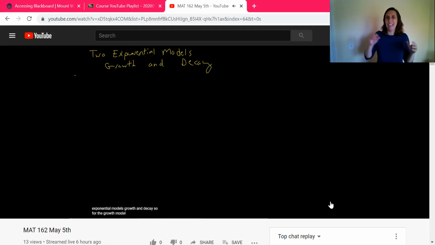So for the growth model, I'll think of having one cell that splits into 2, or some population bit that splits into 2. And the length of time for that is the doubling time. So for right now, just call it T double. It's a doubling time.